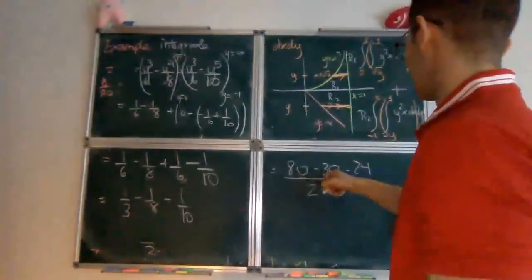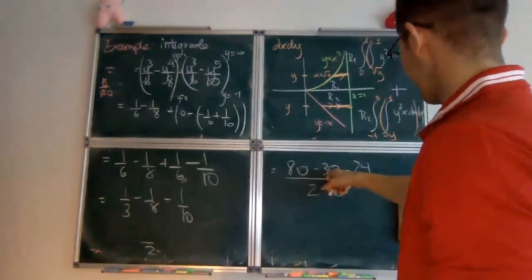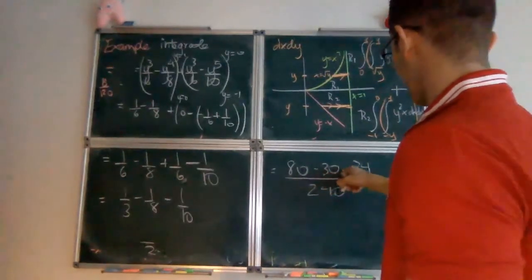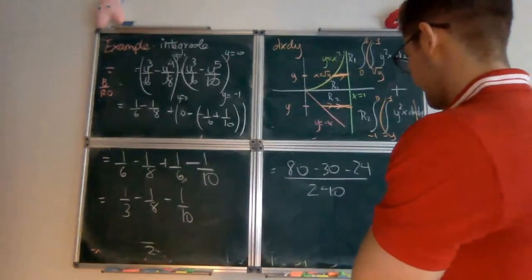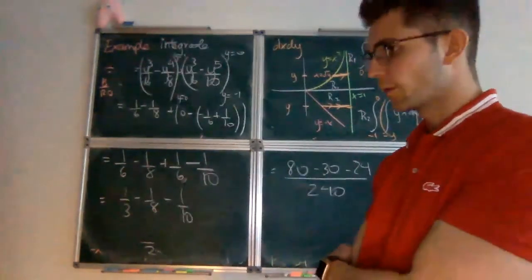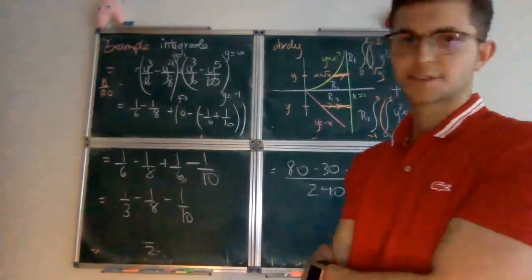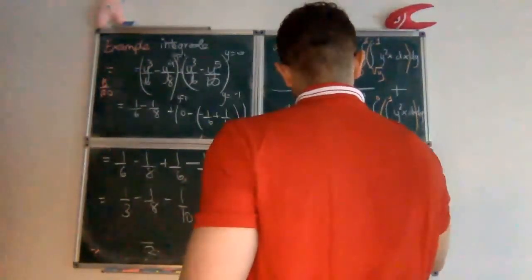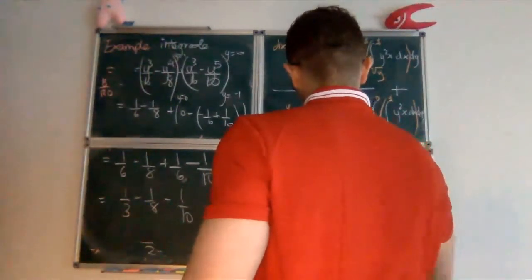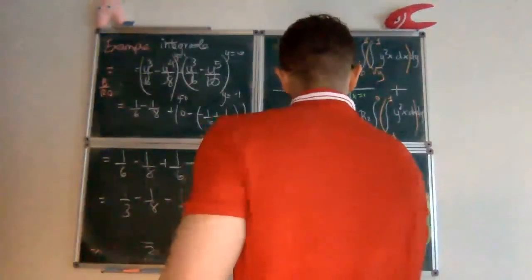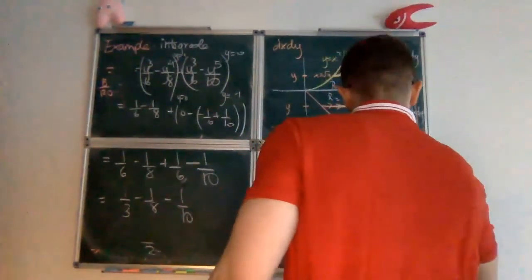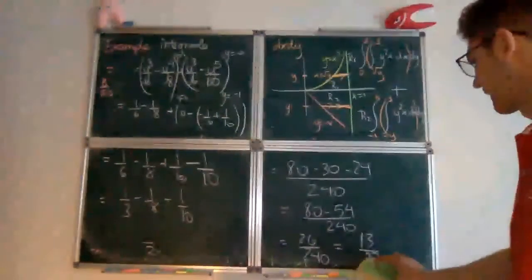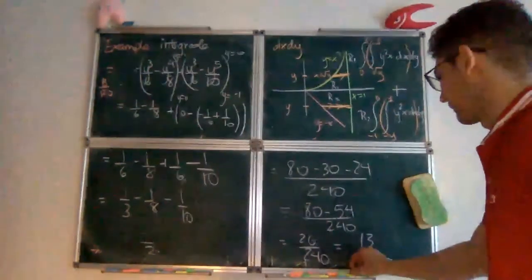So this one is 54, and so 80 minus 54 is 26, if I'm not mistaken. And that's the answer that we had found before.